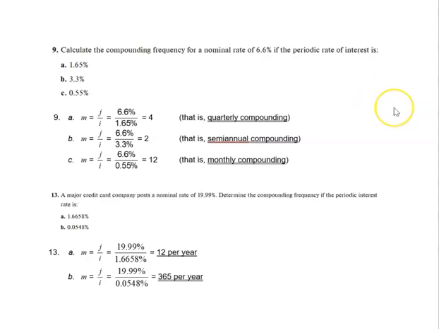It's equal to J divided by I. So 6.6% divided by 1.65% equals 4. Your 6.6%, your nominal rate, or your J, divided by your periodic rate of interest of 3.3 gives you an M of 2. And for C, 6.6 divided by 0.55% is 12.